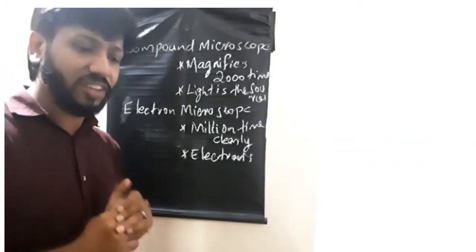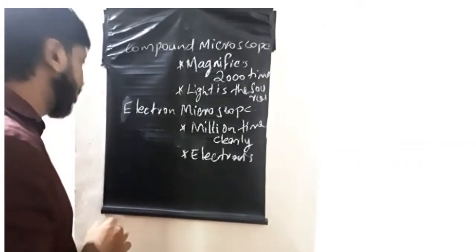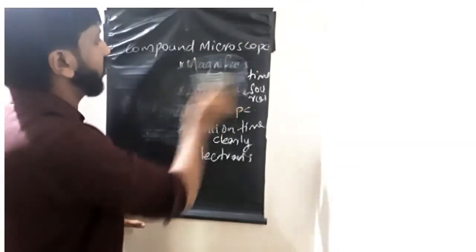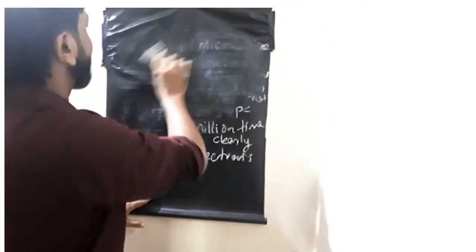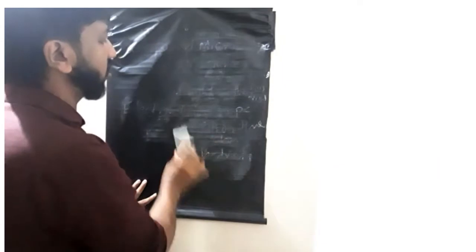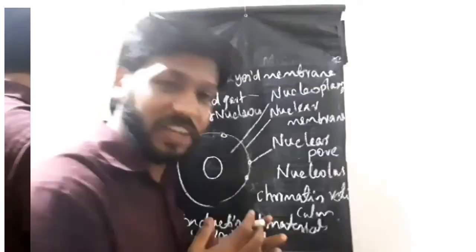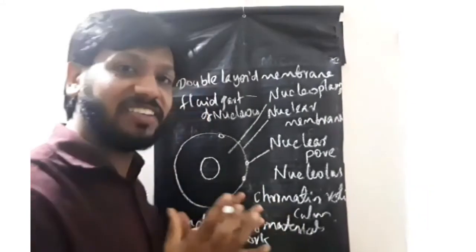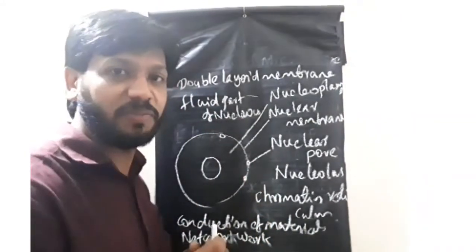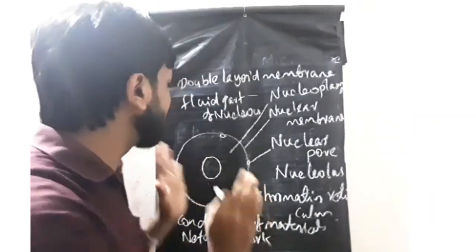Okay, next we can study the difference between cell and nucleus. The structure of nucleus is very familiar to all. Okay, students, next we can study the structure of a nucleus. The structure of a nucleus is very important.